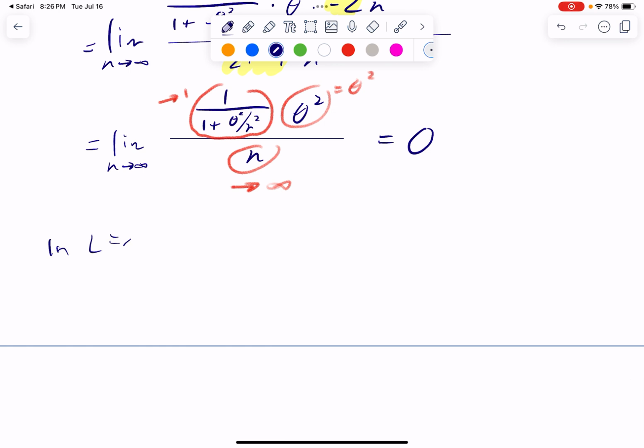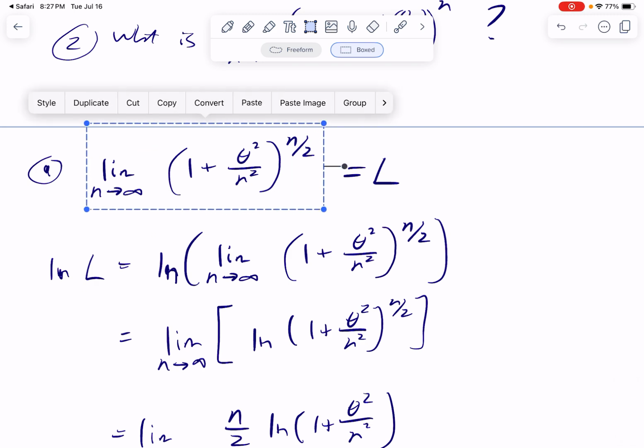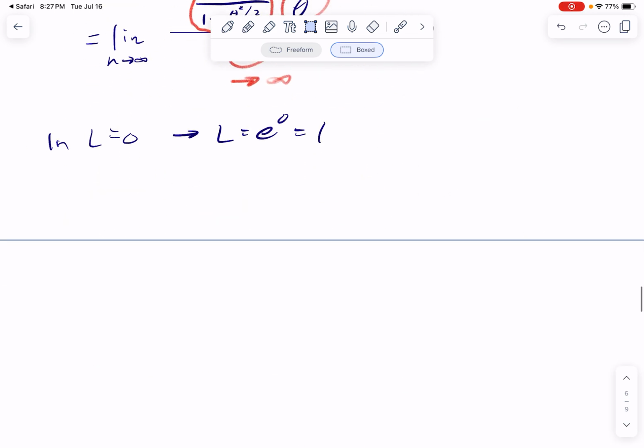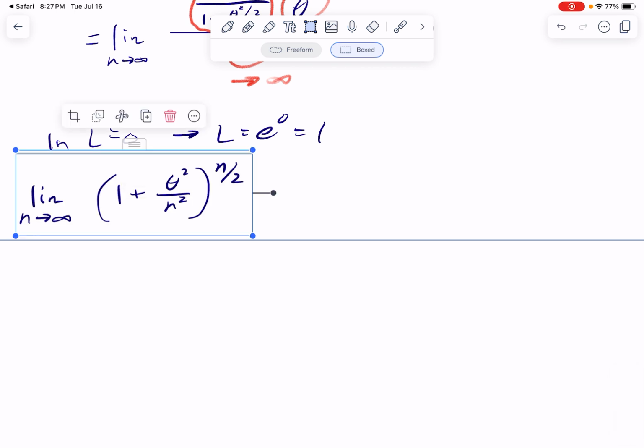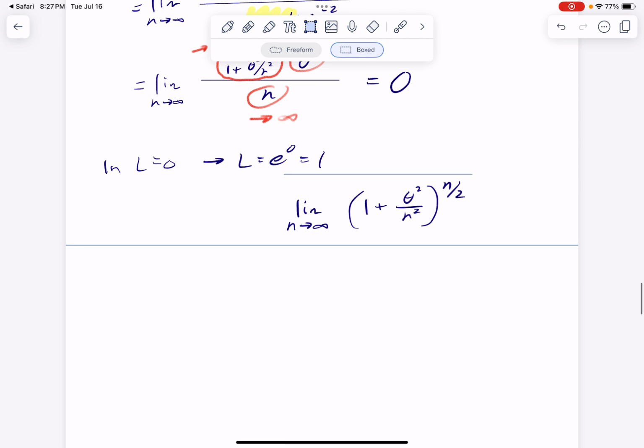Natural log of L is equal to 0, which means L is equal to e to the 0, which is 1. And let's just recall, this is basically the R we were trying to find. For this process of raising a complex number to the nth power and running the limit, that limit is 1.